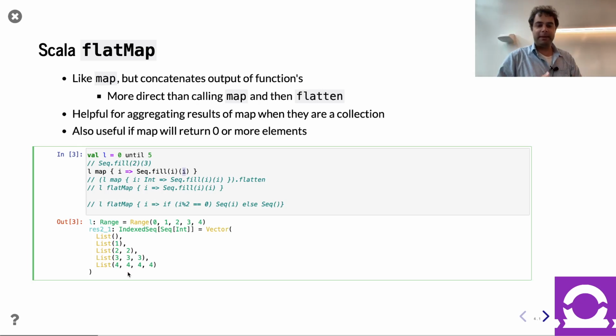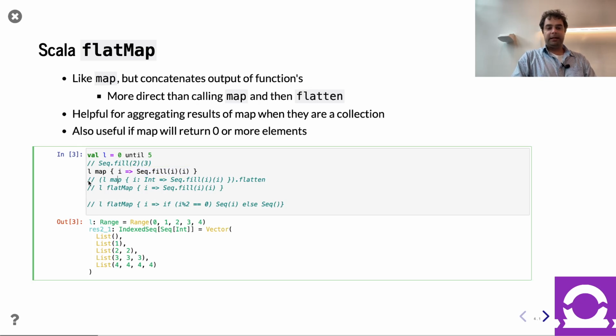Okay, so that was me making a toy example just to put things together, but let's appreciate what happened, right? We had a collection, we applied this function, and the result of each of those functions was itself another collection. So now we have a collection of collections, right?